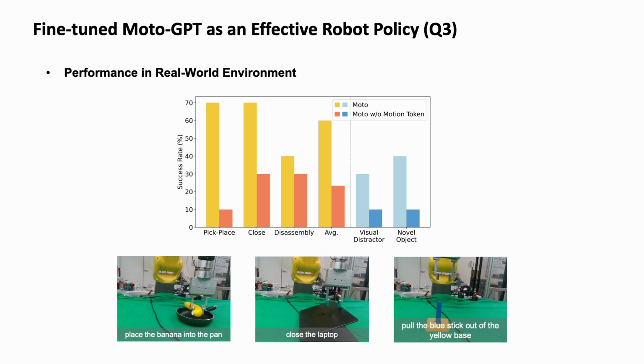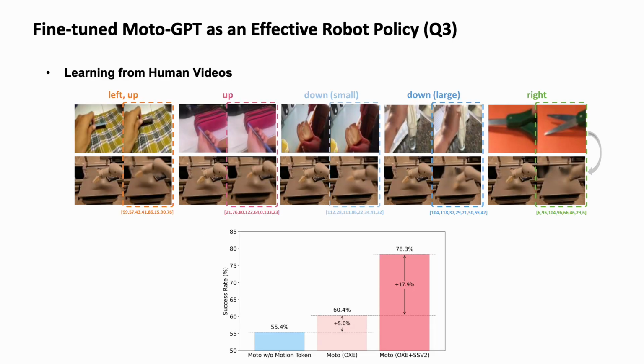In real robot experiments, we also demonstrate the effectiveness of Moto-GPT in performing various tasks in real-world environments. Another important result is that Moto-GPT shows the potential to learn from human videos.